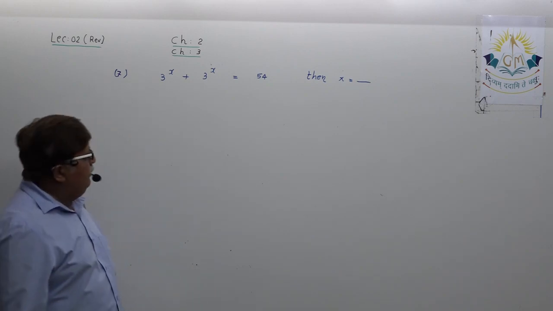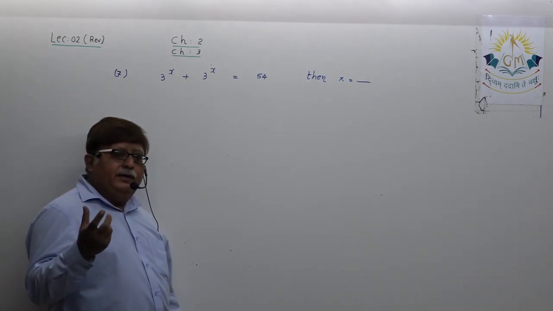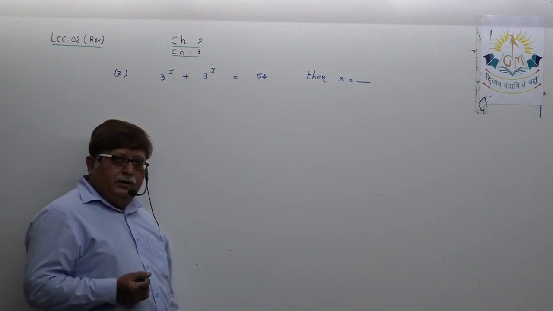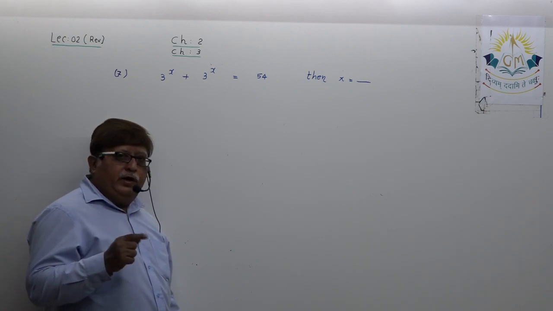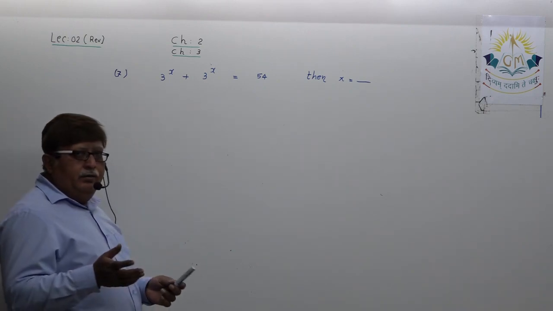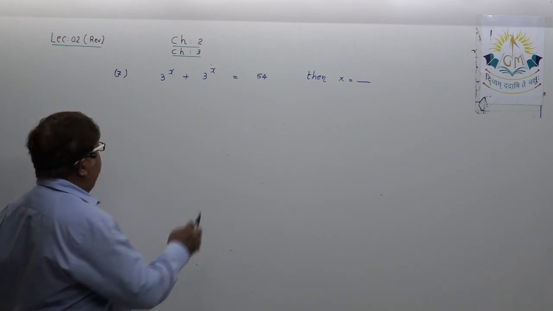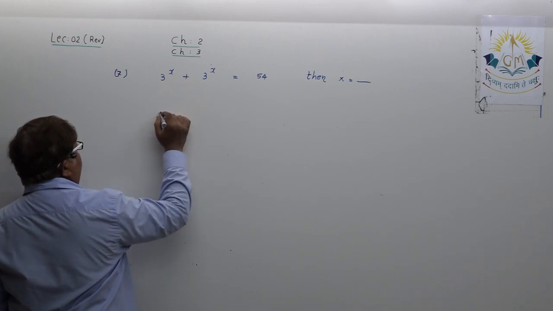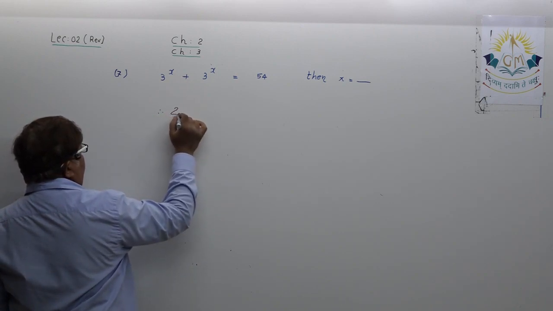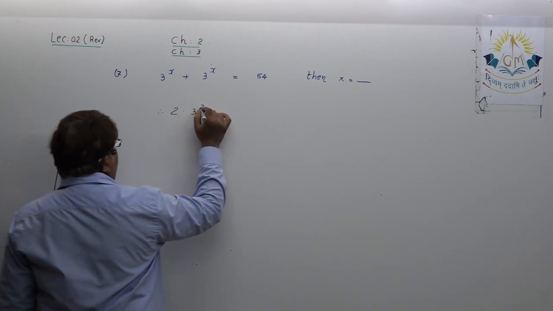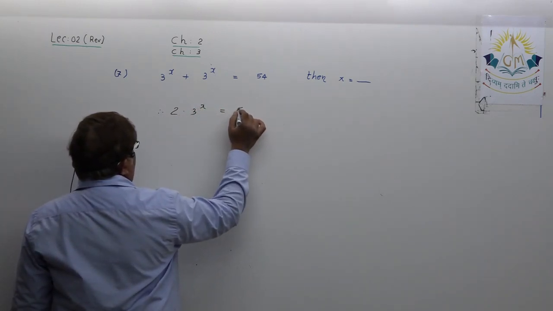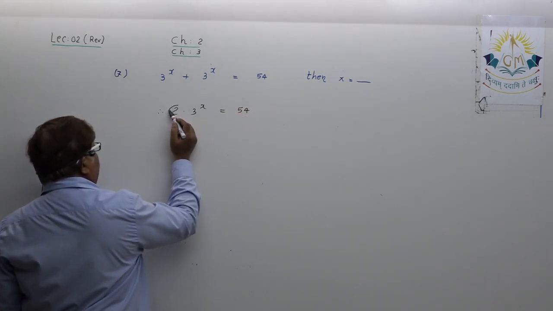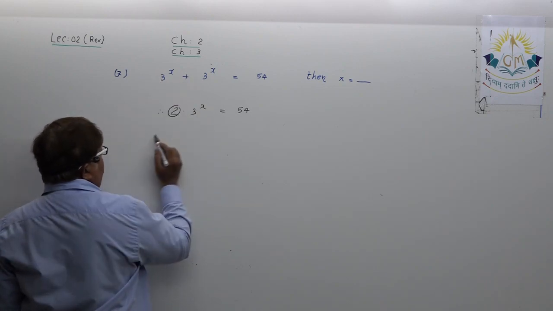So when you get many terms with a plus or minus sign in between, where the base is common and the power is common, you can add them normally in the algebraic way. This can be considered 1 plus 1, so you will write 2 times 3 raised to x equals 54. Is it clear? Why I wrote 2 times: 1 plus 1, 2 times.